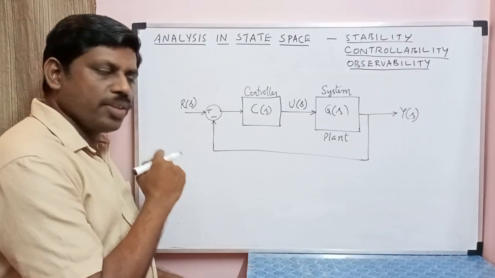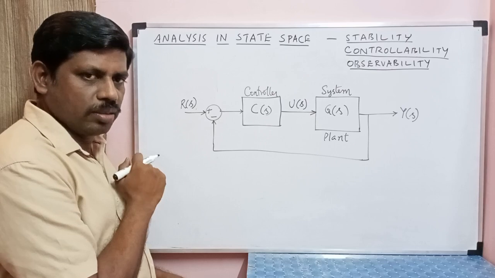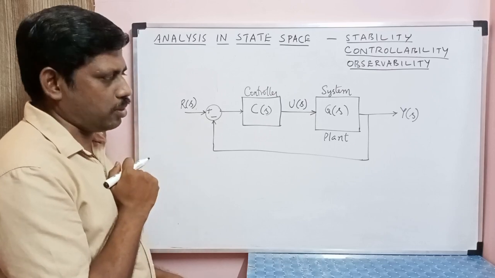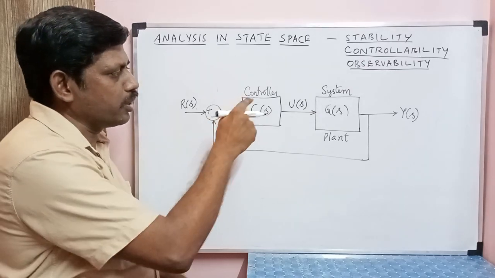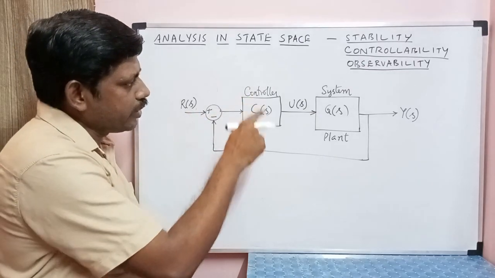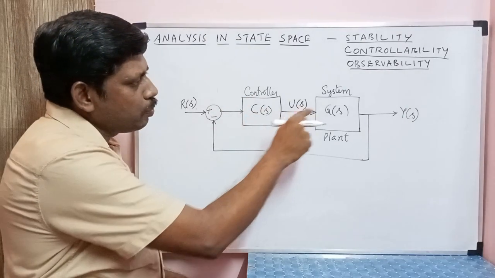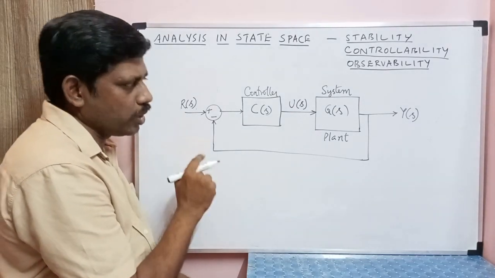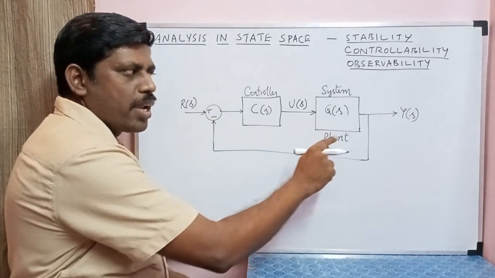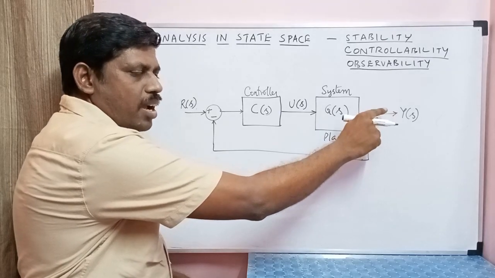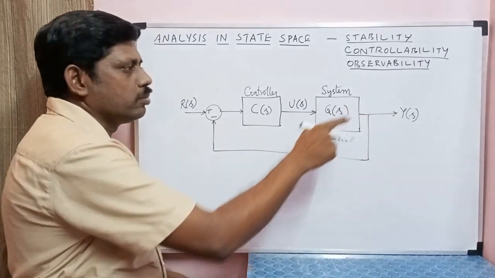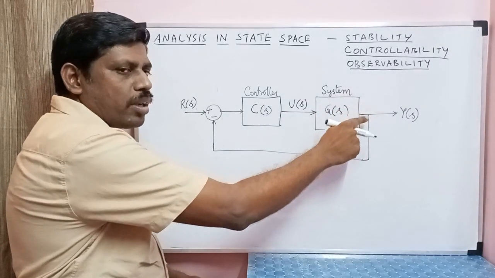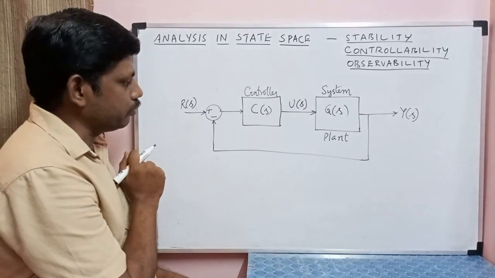But what if the system is not stable, or the system may be stable but the response is not as I expected? Here comes the controller into the picture. What the controller does is, it manipulates the input to the system or plant so that it makes the unstable system a stable system, or it makes the system give a desired response as the output.